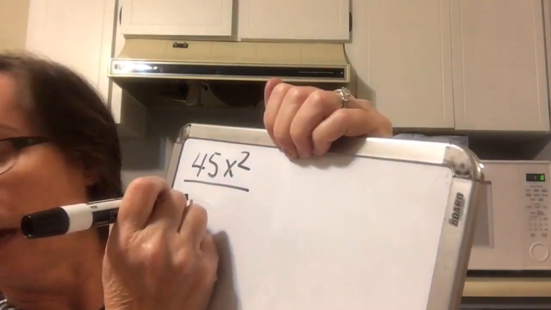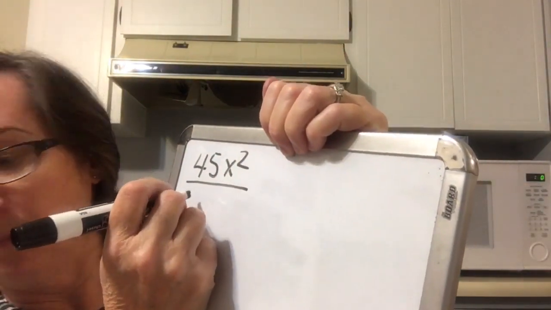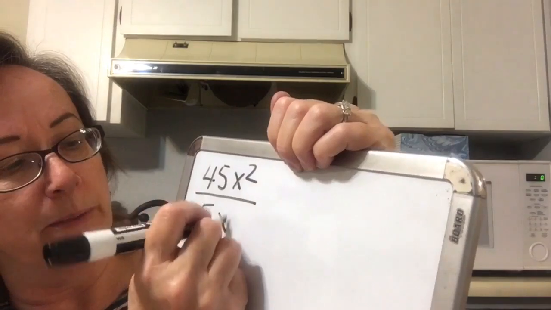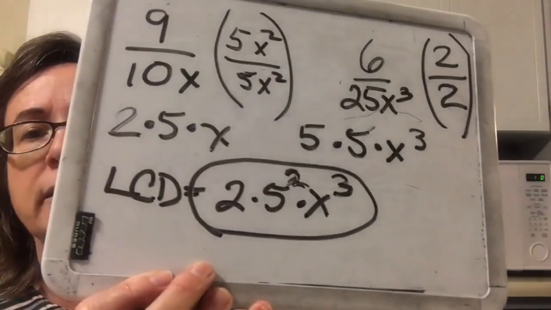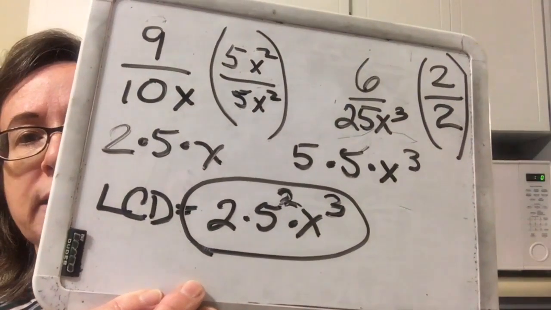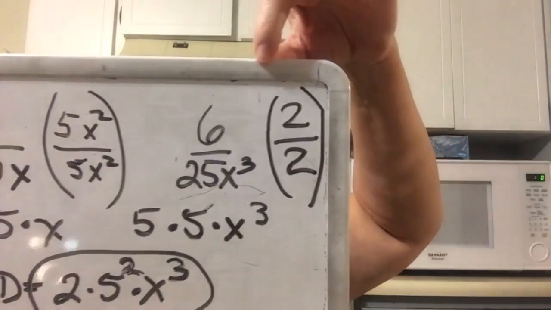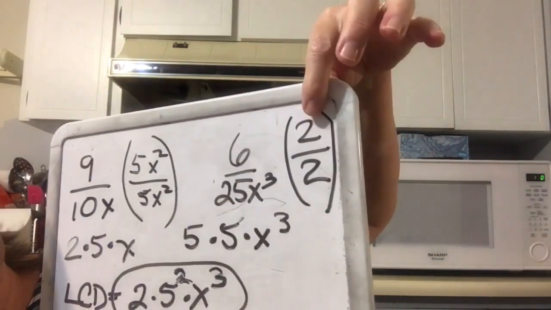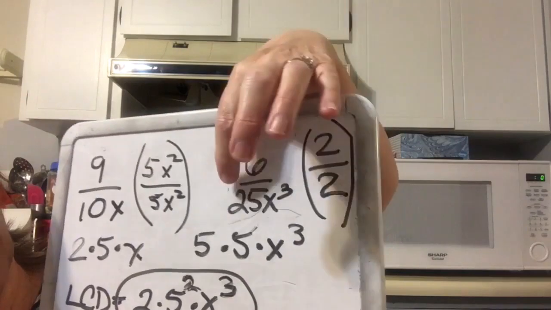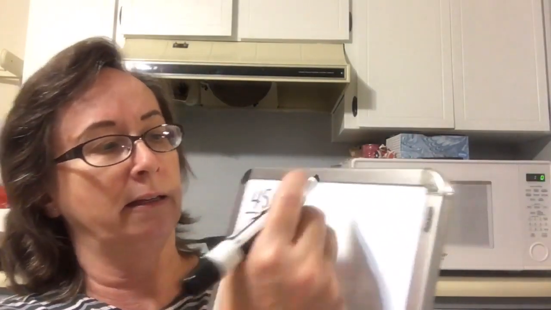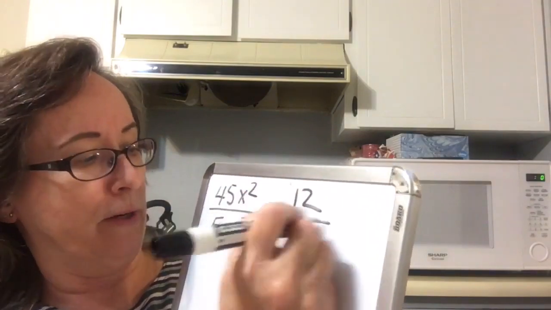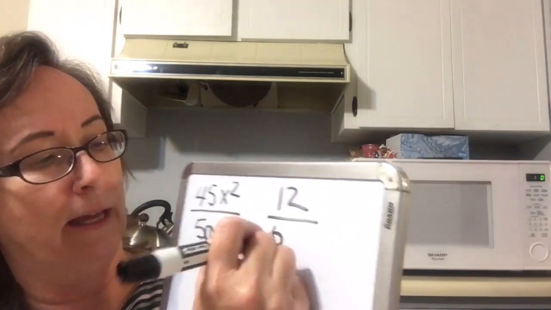So the least common denominator is going to be 50x cubed because that's what 2 times 5 squared times x cubed winds up being. Then the second part over here, when I multiply 6 times 2, I get a 12 over 50x cubed. So the second one is 12 over 50x cubed.